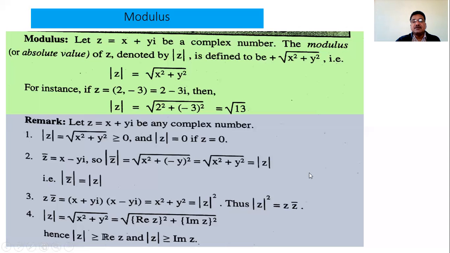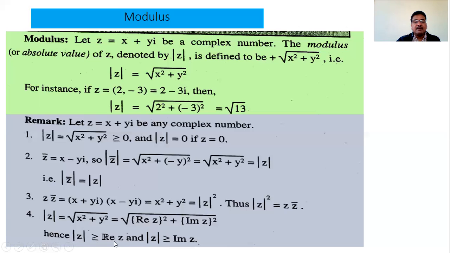And what is x square plus y square? It is mod z square. Mod z is root x square plus y square, and its square is x square plus y square. So mod z square is z into z bar. And mod z is the root of the real part of z square plus the imaginary part of z square.